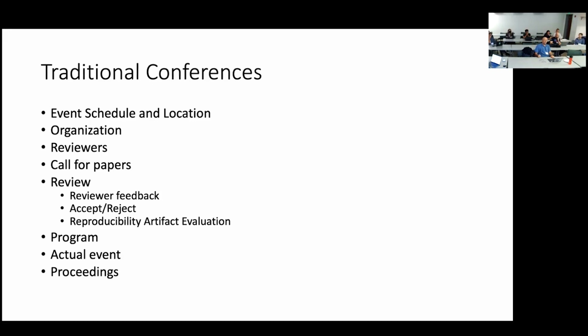There are some examples where you have the conference twice a year, but most of them are on a yearly basis. You put together the organization team, which is the local events organizers and the program chairs, the people who are responsible for putting together the reviewers responsible for the peer review. And that list of reviewers is a big advertisement of how valuable that conference is for researchers, right?